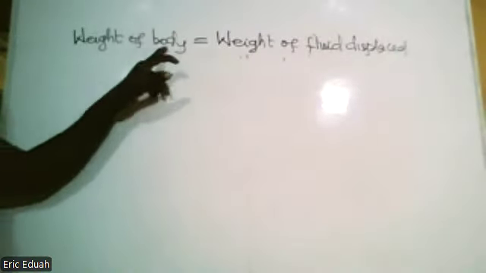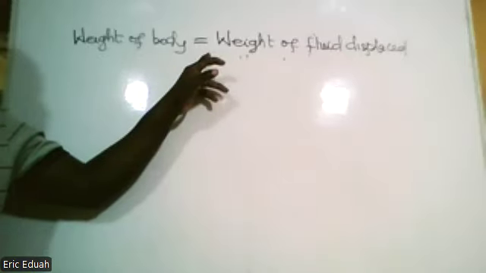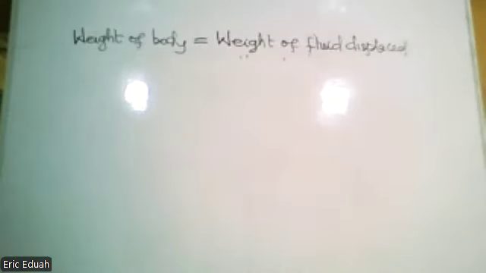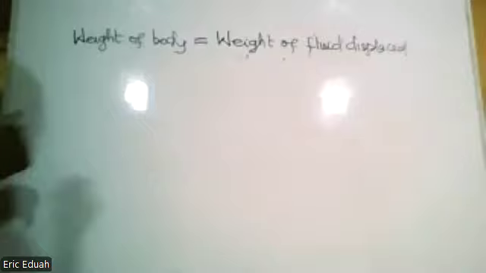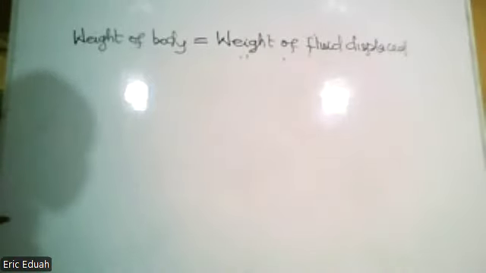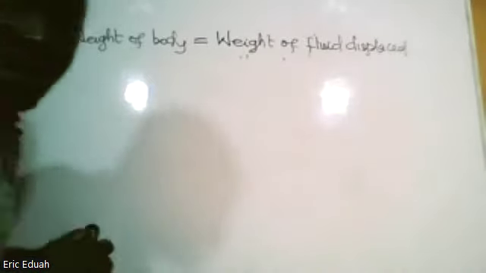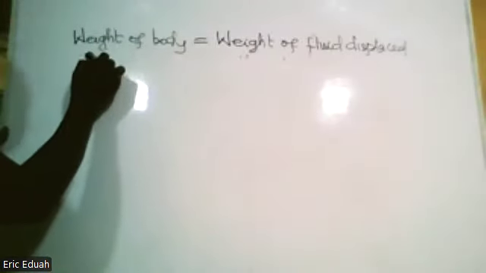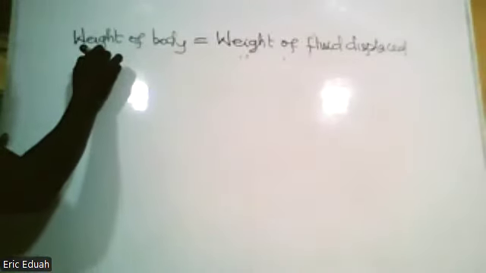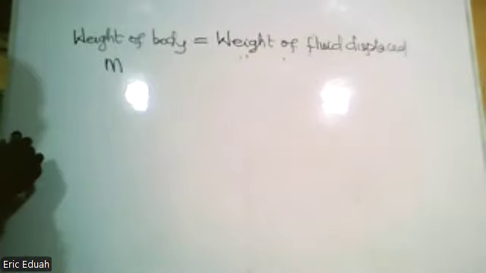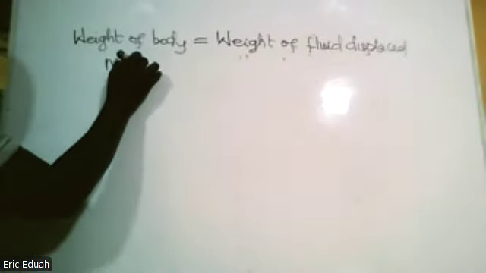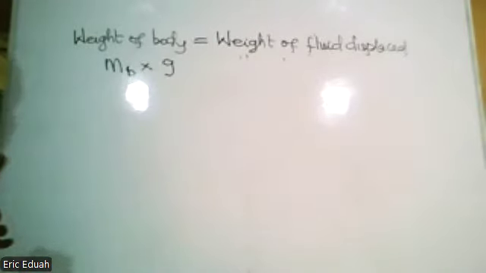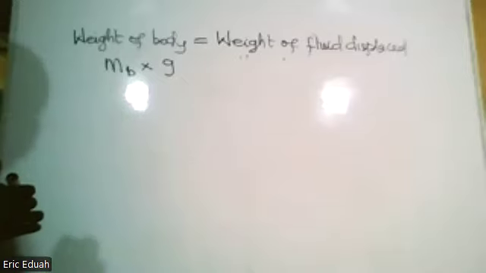Weight of body equals weight of liquid displaced. Now, instead of weight, we can also express it in terms of mass, because weight of a body is mass of the body times gravity, acceleration due to gravity.